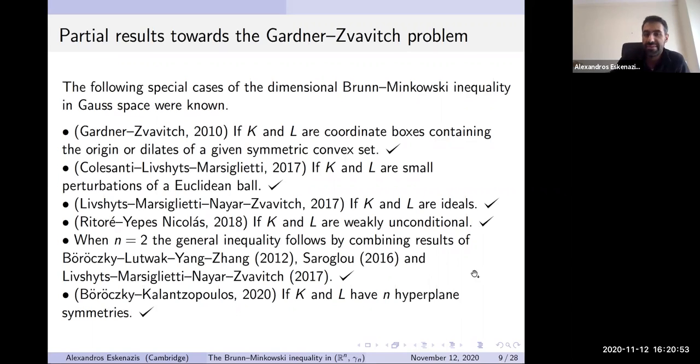Now, the difference between this and unconditional sets is that the hyperplanes do not have to be the coordinate hyperplanes, and they don't have to be orthogonal. So you see there was quite a lot of attention, and there are also several other papers which extend these results to measures other than the Gaussian, because, as I said, the log-Brunn-Minkowski conjecture predicts it for arbitrary symmetric log-concave measures.